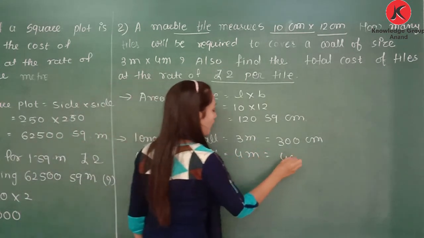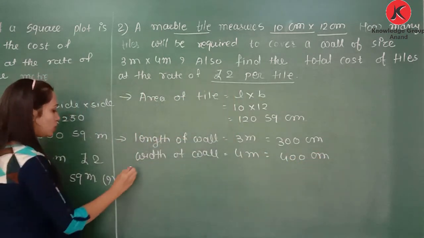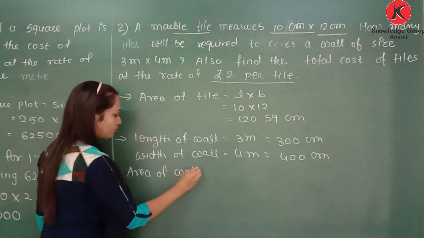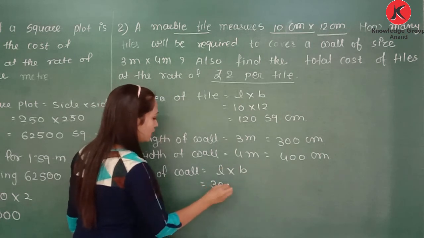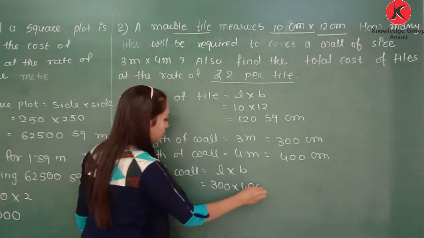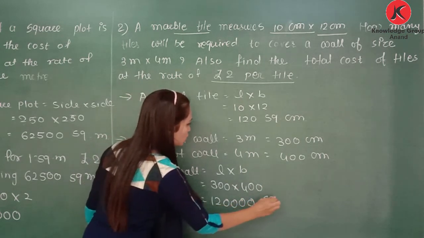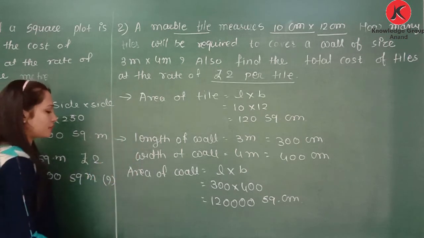So it is 400 centimeter. Now we will find the area of the wall. That is length multiplied breadth. So it is 300 multiplied 400 square centimeter.